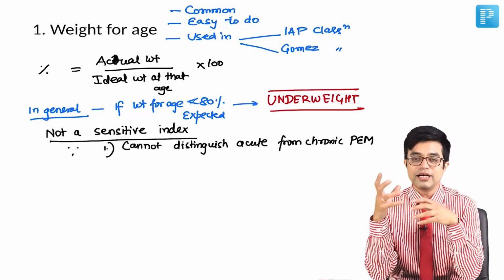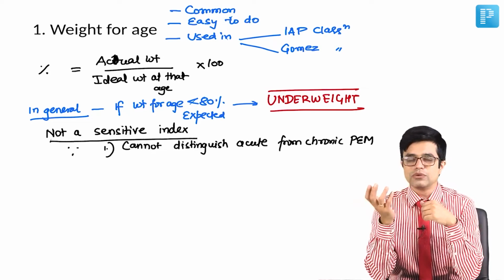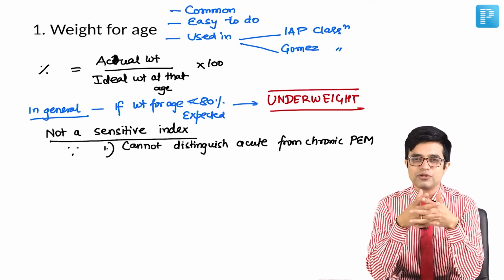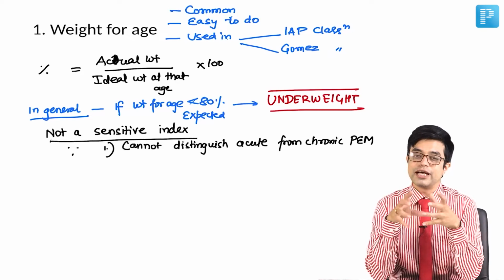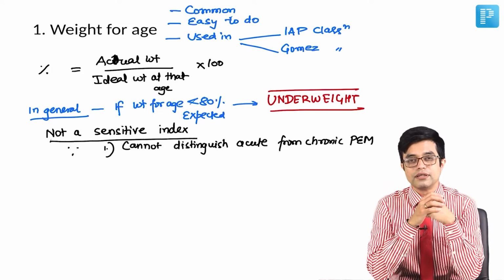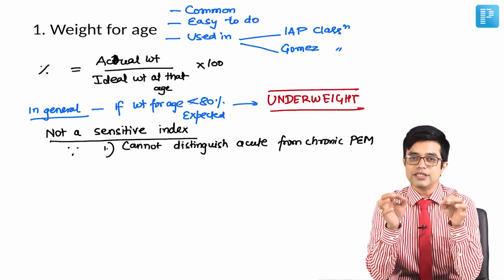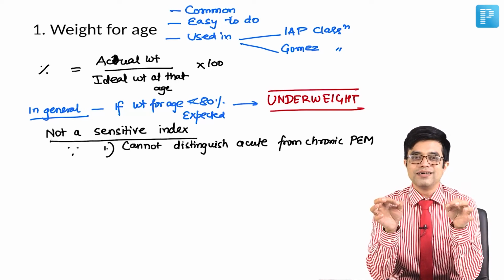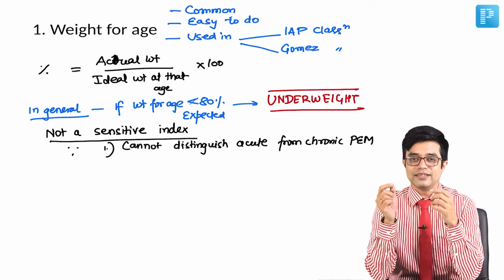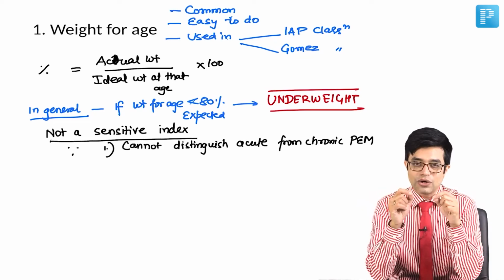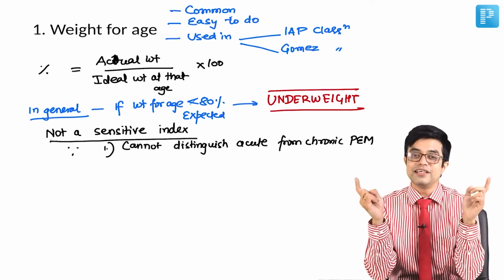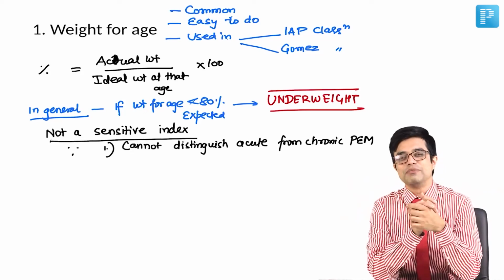Or if the child is having failure to thrive, tuberculosis, long-standing cystic fibrosis or some illness, malabsorption, then also the child may have a weight for age percentage of 70%. So in both scenarios, the weight for age is less. But you cannot say whether it is due to acute or due to chronic, and that is its fallacy. It cannot distinguish acute from chronic because it gets reduced in both. So it cannot distinguish between the two.